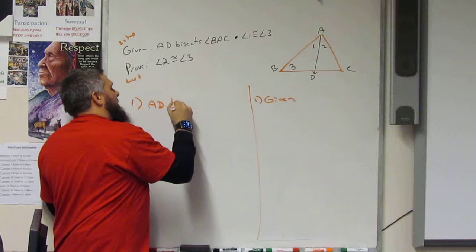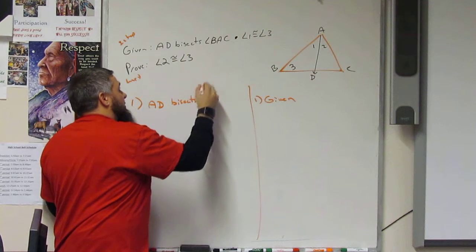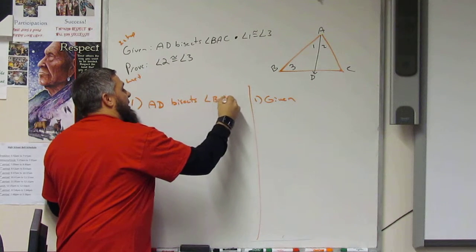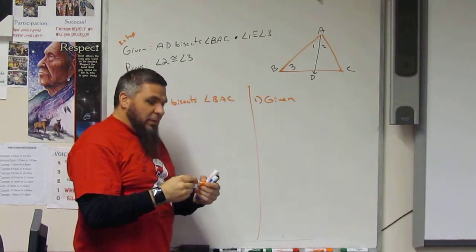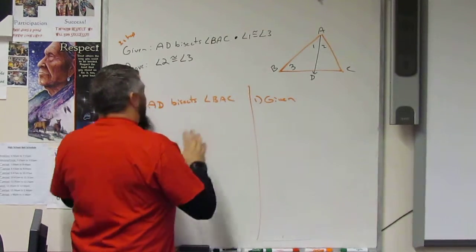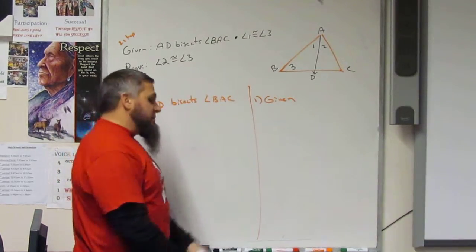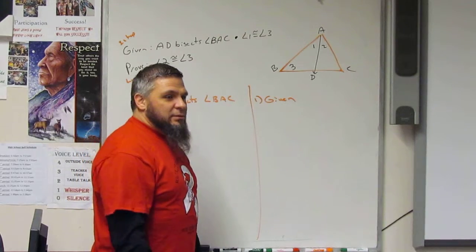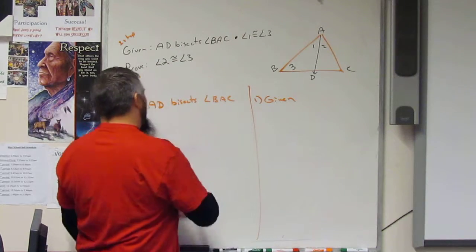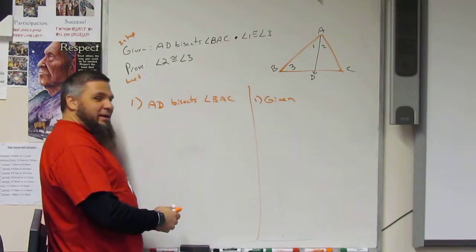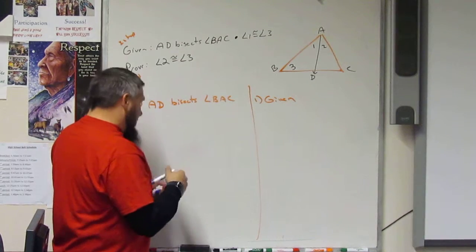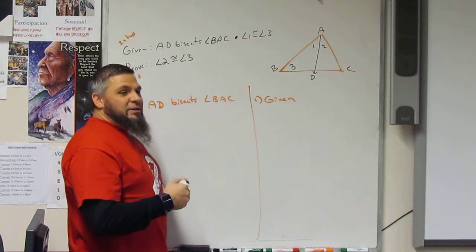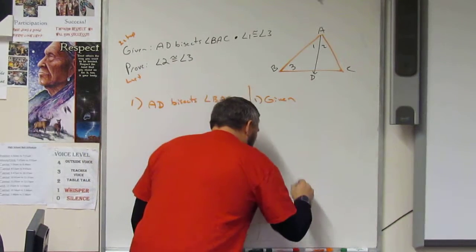AD bisects angle BAC. Okay? And so, right there, you got 2 points out of 10. I can get 2 more points on the next problem. How?